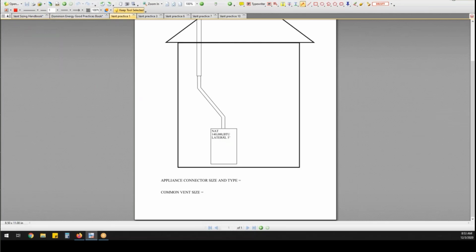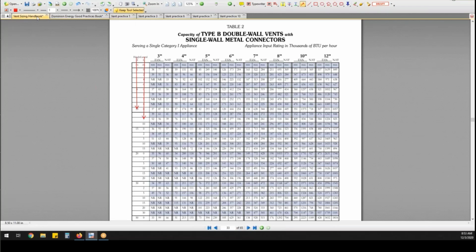I have 140,000 BTUs. Okay, so I got to make sure that I can get that many BTUs through it. And remember, it's a natural draft appliance, so I've got 2 choices up here. I've got a fan column, and I've got the NAT column, or natural draft. So I'm going to come across with my arrow, and I'm going to find out.